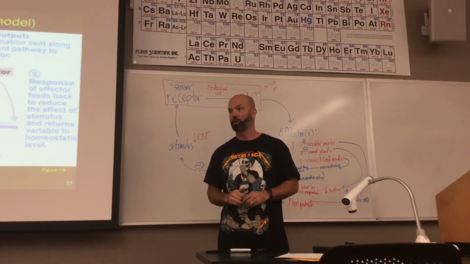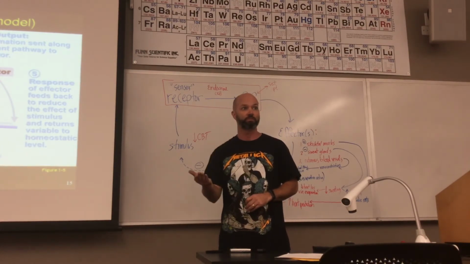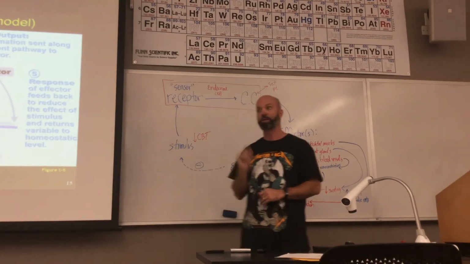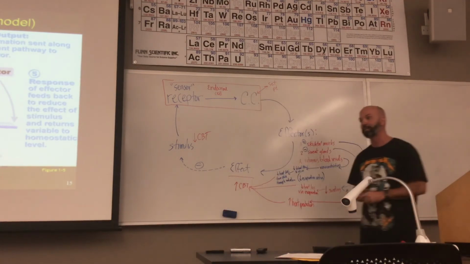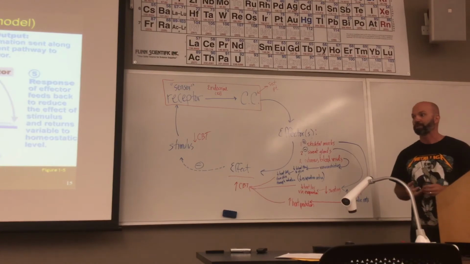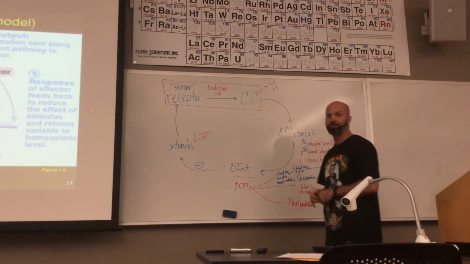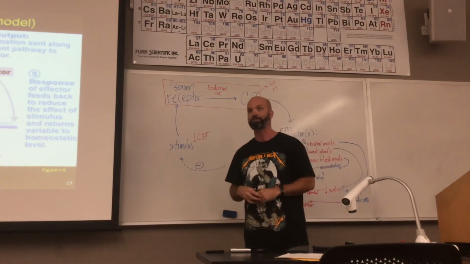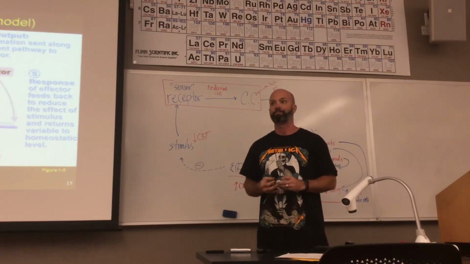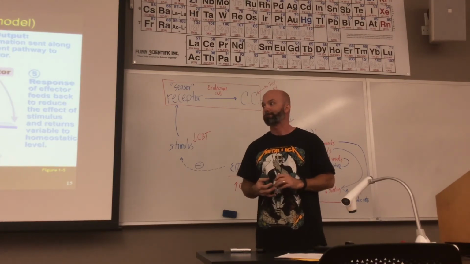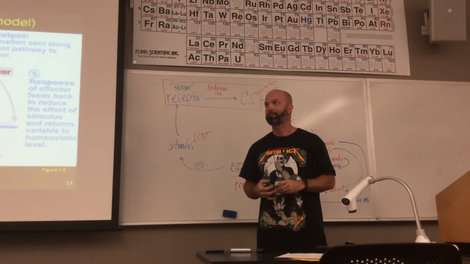Haploid. Or instead of 2n, it's n, right? You just get one of each. 23 different types, one of each. Which cells are haploid? Only one type of cell in your body is haploid, your sex cells. Your egg cells, your sperm cells.